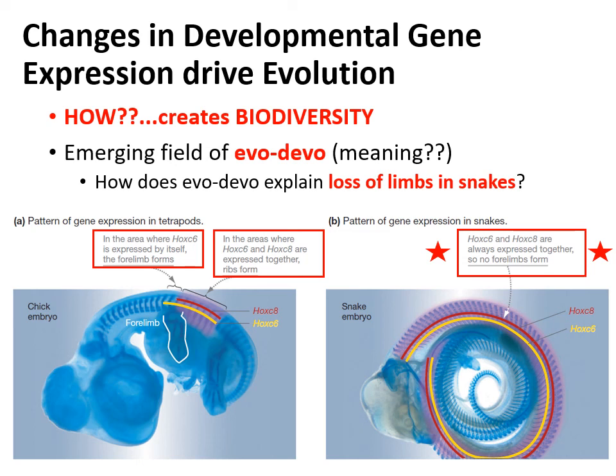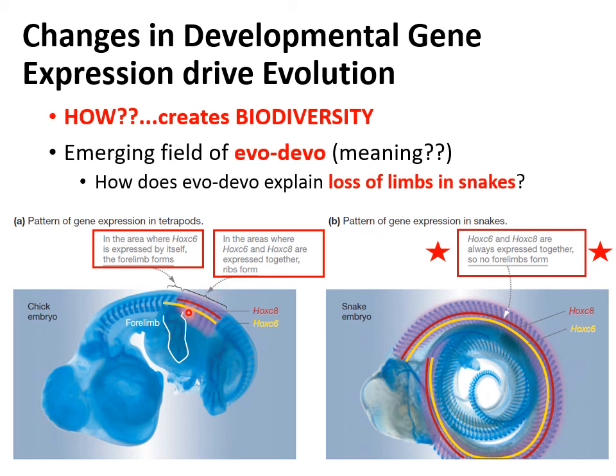A very cool example of Evo-Devo, looking at how developmental gene expression can affect an organism's development and evolution, is the loss of limbs in snakes. Okay, what's cool here is if you look at this figure that explains the loss of limbs in snakes, it combines evolution and development because we talked about in development this lecture, Hox genes.